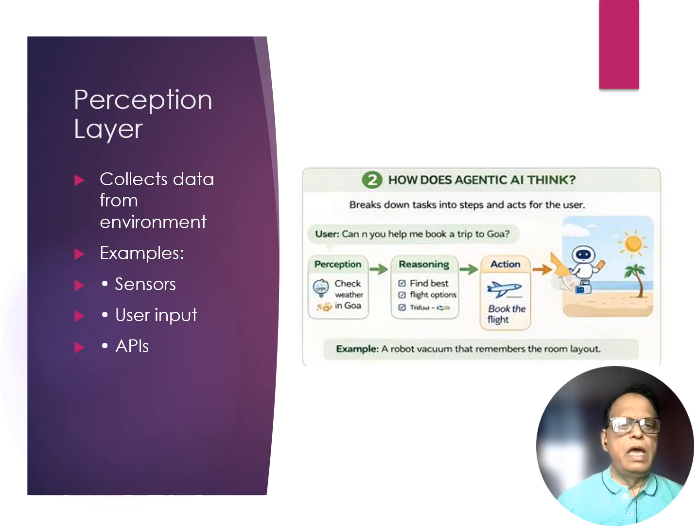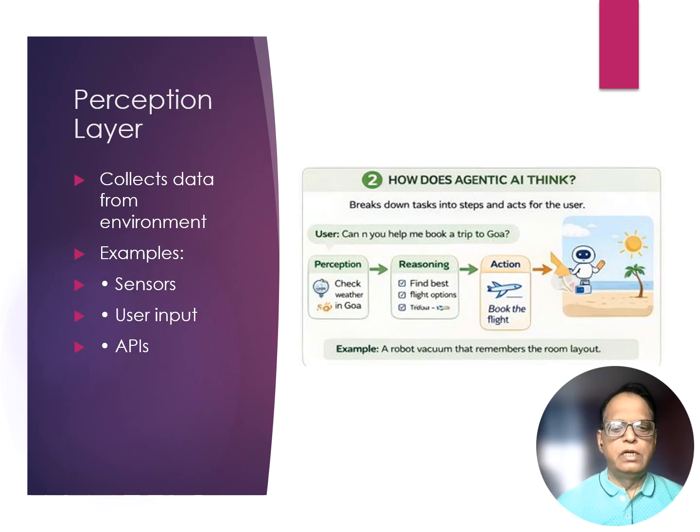You will have a perception layer where the data is collected from the environment. To collect the data from the environment, we make use of sensors, user input, and APIs. The agentic AI will break down the task into steps and act for the user.